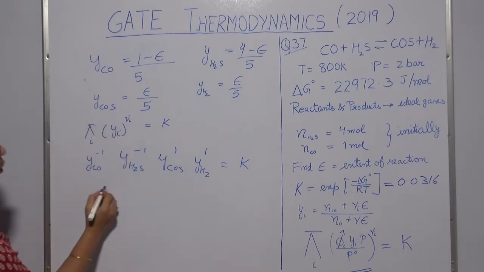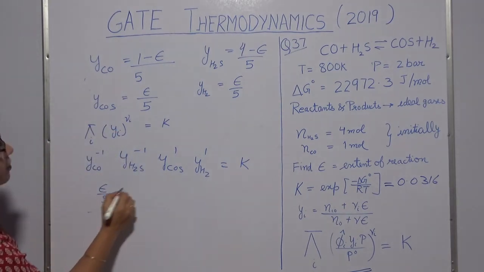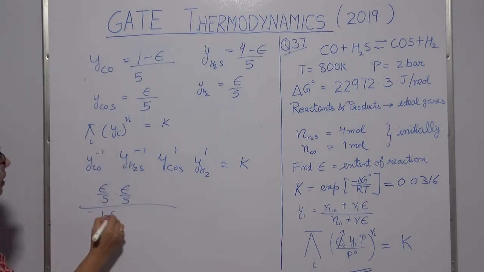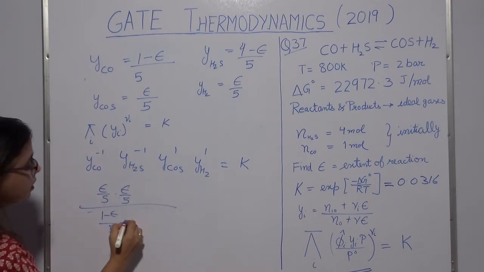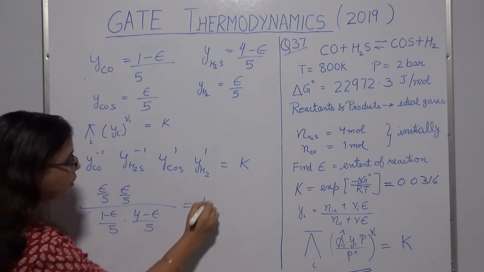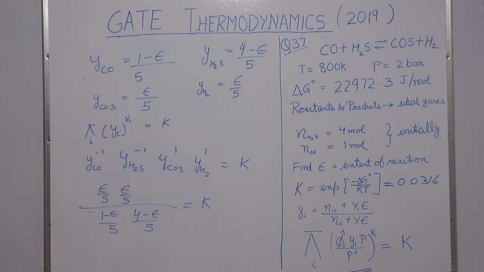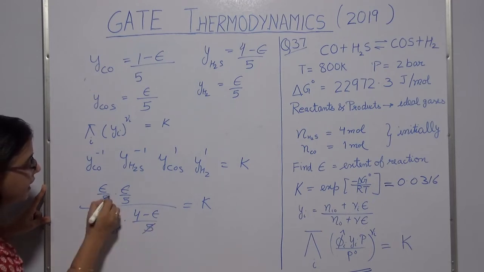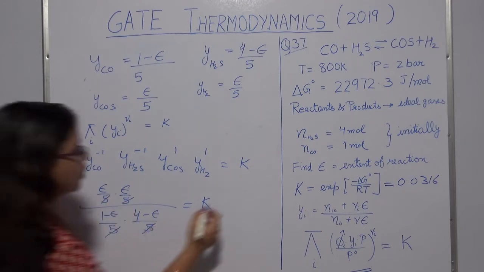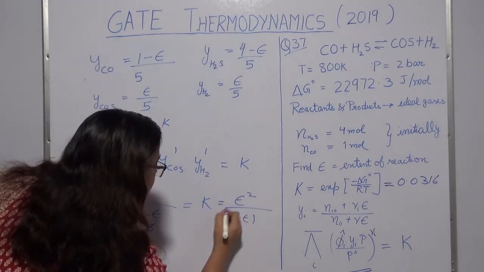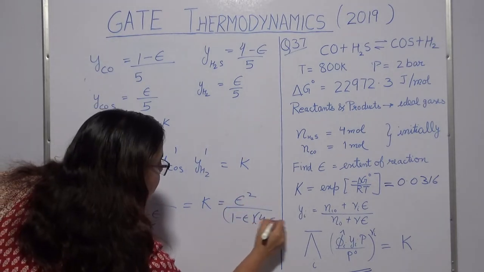Now I am going to put the values: epsilon by 5 into epsilon by 5, divided by 1 minus epsilon by 5 into 4 minus epsilon by 5, that is equal to k. Just check whether I have written everything right. Now 5 5 is 25, 5 5 is 25, these will get cancelled. And what you are left with is epsilon square upon 1 minus epsilon into 4 minus epsilon.